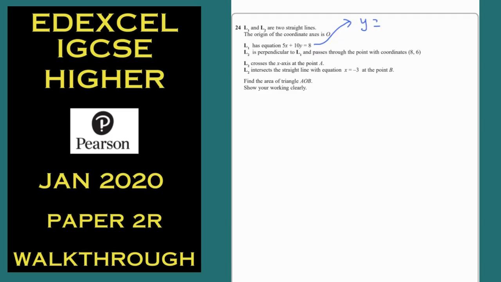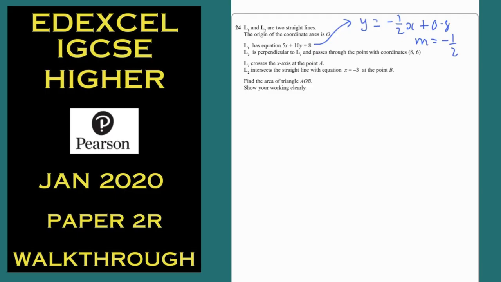So we take 5x away from both sides and we divide by 10, and we've got plus 0.8 on the end.